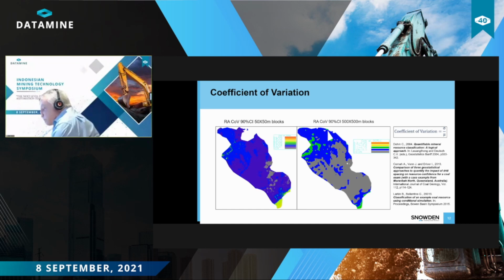And 500 by 500 meter blocks may represent maybe your quarterly production, something like that, depends on your production rate. But this gives you an idea of the confidence in the estimates at different timescales and different block sizes.